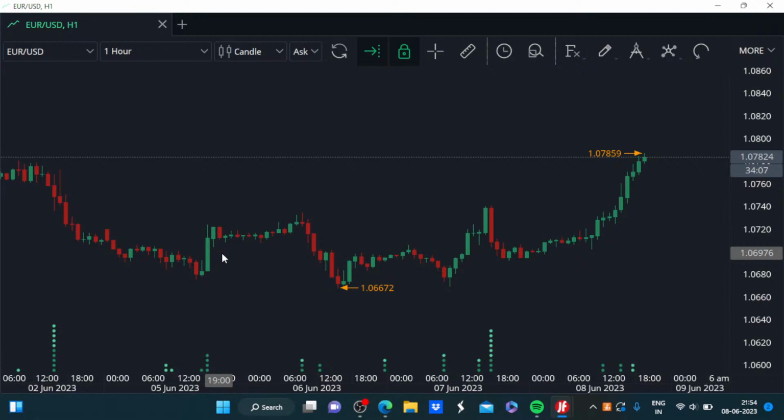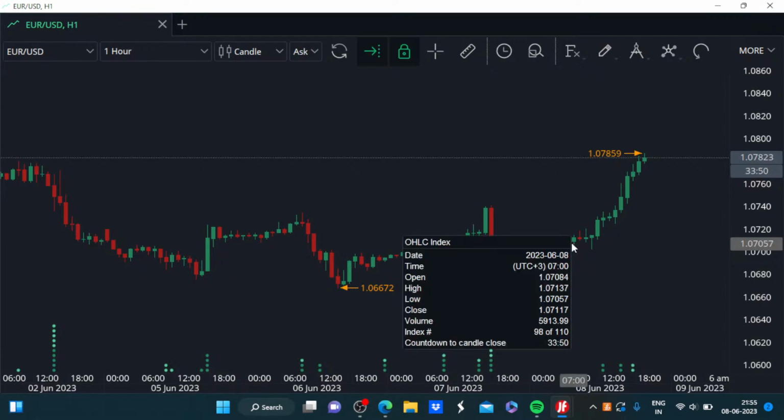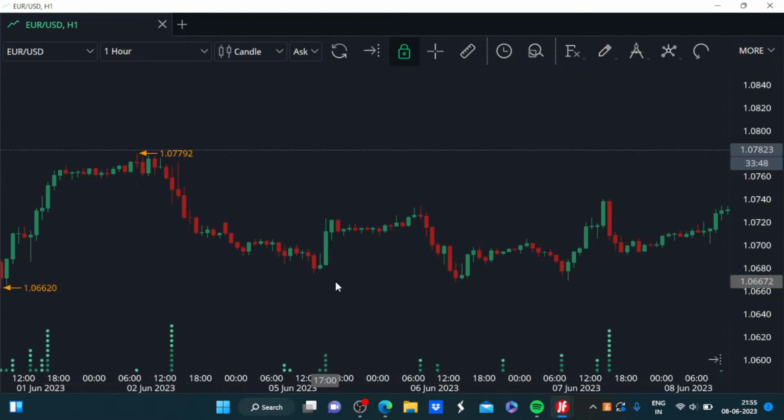So here, from around the levels of 1.07, it has finally been able to break this channel where it has been trading sideways for the last couple of days, and here we have the Euro USD climbing up and not really far off from the 1.08 level.